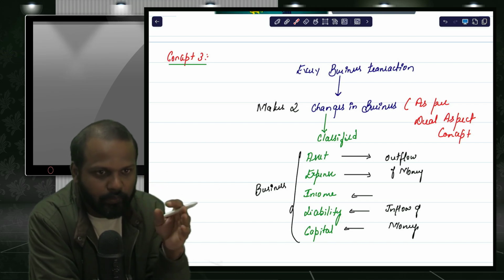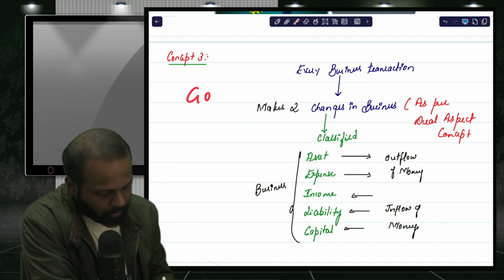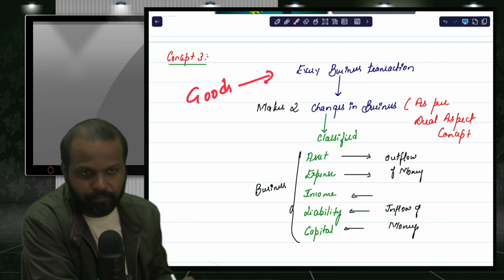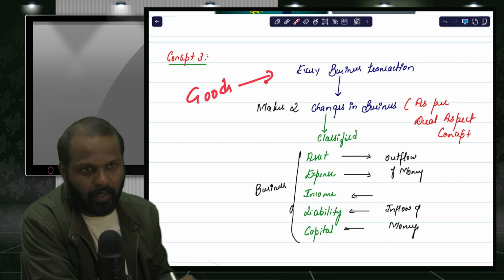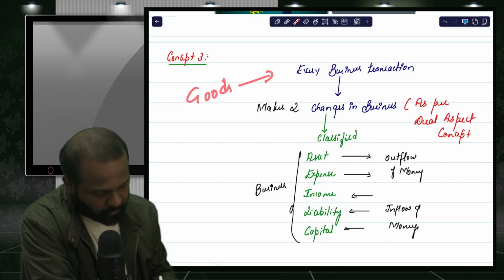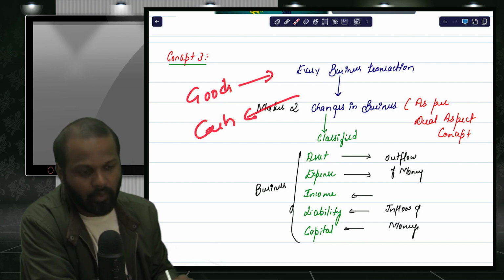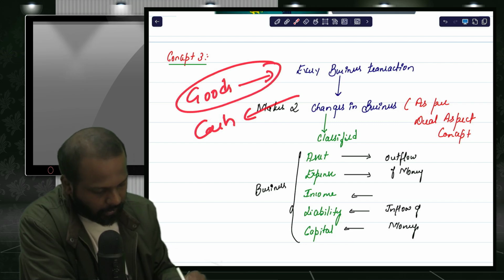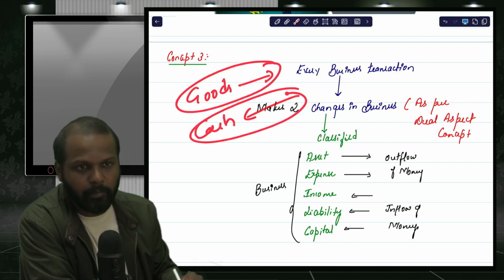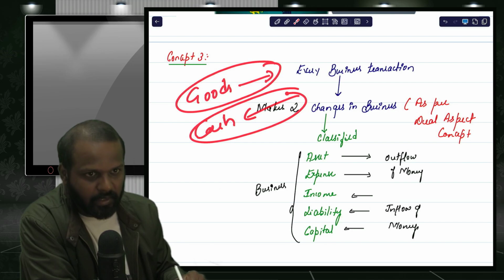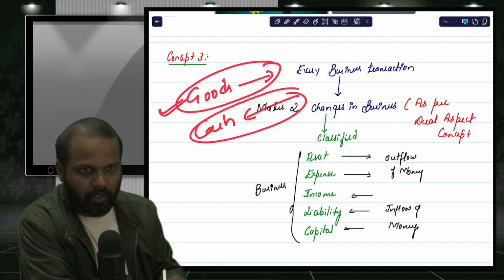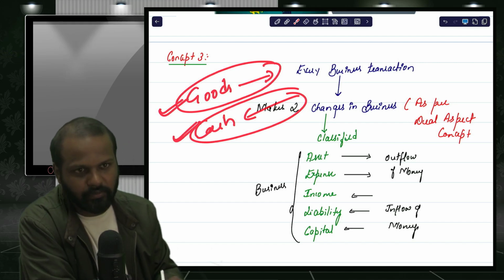Business has sold the goods, so goods are going out of the business, and we have collected the cash from the customer, so cash is coming into the business. So goods are going out and cash is coming in. This transaction made two changes. One change in goods and the other change in which one? Cash.